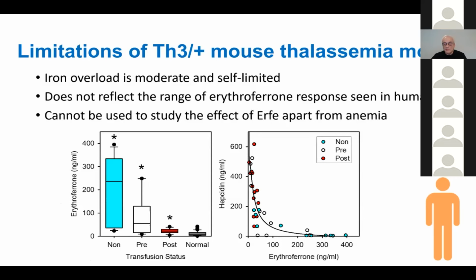Most importantly, in humans, we see a range of erythroferrone response, but these mice have a homogeneous erythroferrone response because they're genetically homogeneous. So we could not use these mice to study the effect of erythroferrone, mostly because the erythroferrone levels were rather low, but also because we could not isolate the effect of anemia from the effect of ERFE very easily.